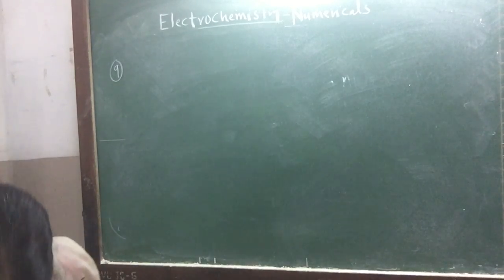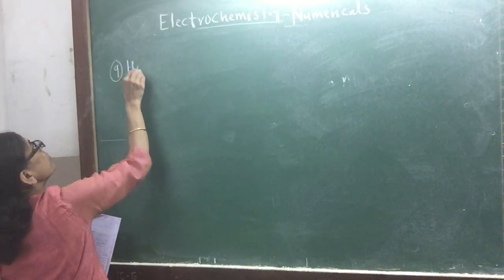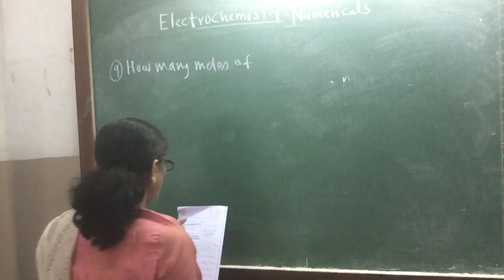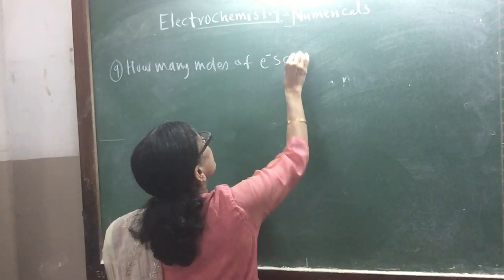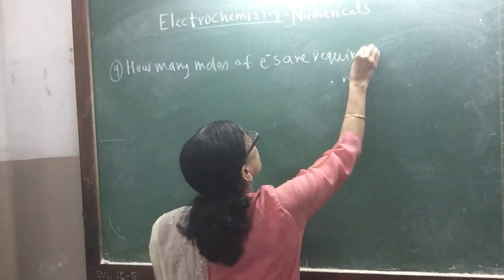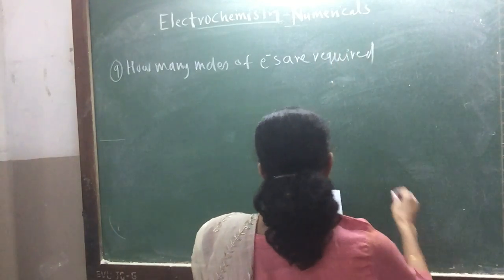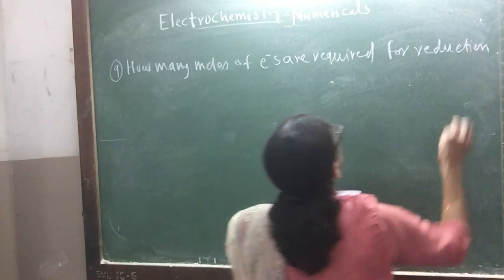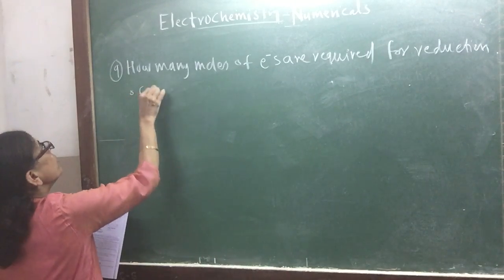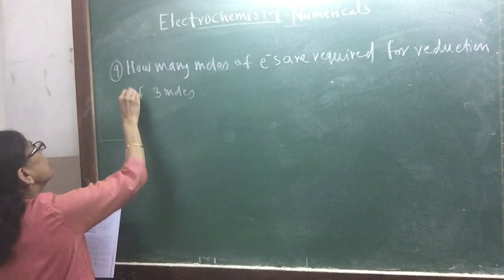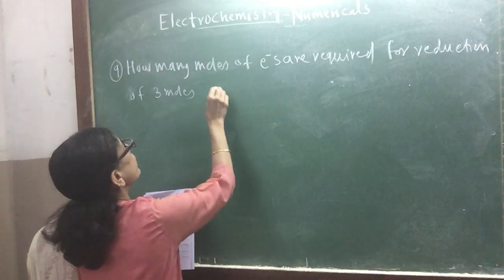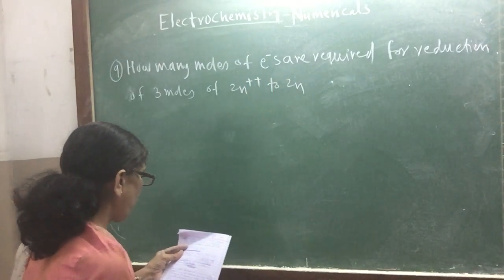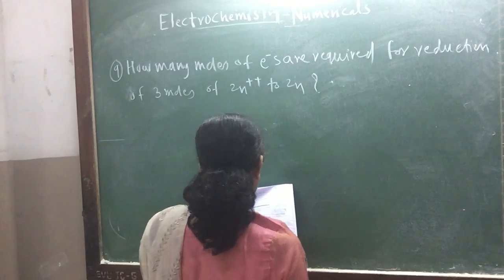How many moles of electrons are required for reduction of 3 moles of Zn2+ to Zn? How many faradays of electricity will be required?